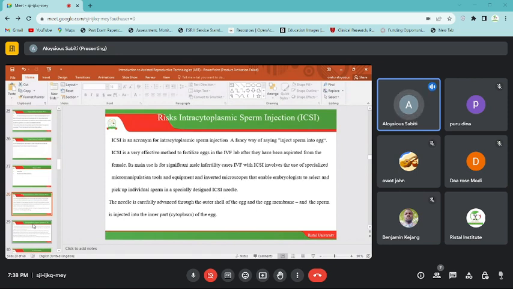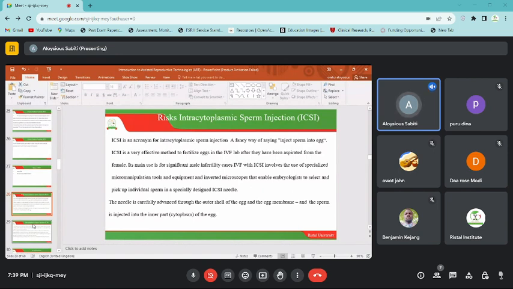So what are some of the risks that are associated with intracytoplasmic sperm injection? First of all, ICSI is an acronym for intracytoplasmic sperm injection, like we said. But in simple terms, this complicated word is just a fancy way of saying inject sperm into an egg.